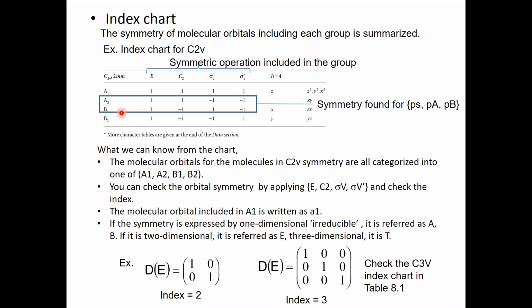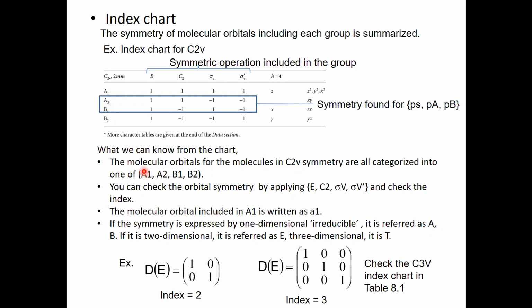And very useful information. Again, let me summarize: the molecular orbitals for the molecules in C2V symmetry are all categorized into A1 or A2 or B1 or B2 type of the symmetry. All right.